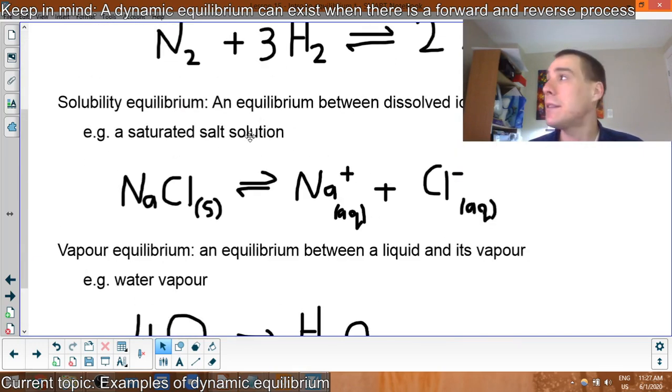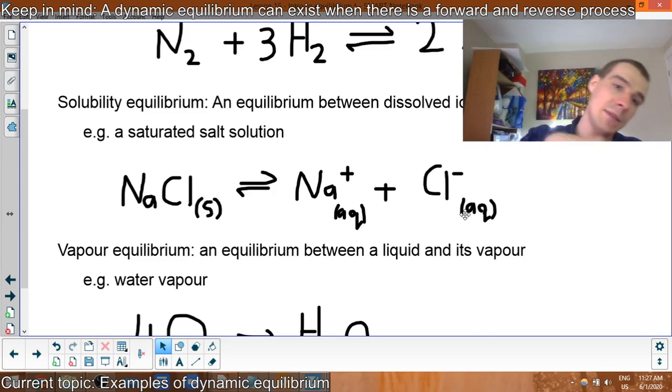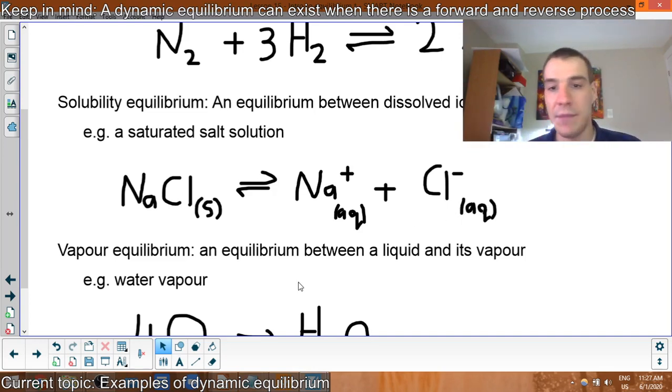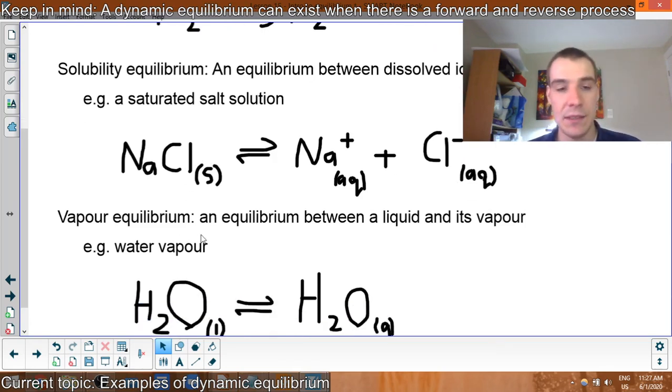Solubility equilibria are also a thing. Salt can be in equilibrium with the sodium and the chlorine that are dissolved in the water. So you can have the solid and the liquid. If you've ever boiled off some salt water, you'll note that the solid just comes right back out as you reduce the amount of water, because the reverse rate becomes faster. It's quite interesting.